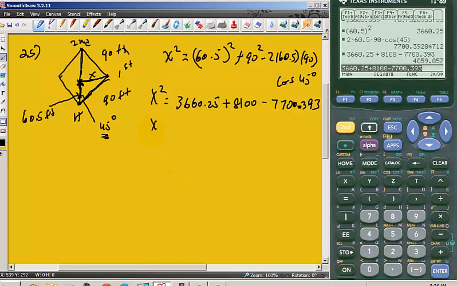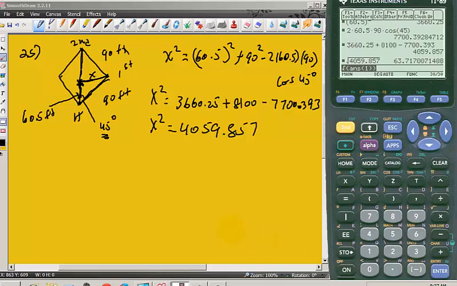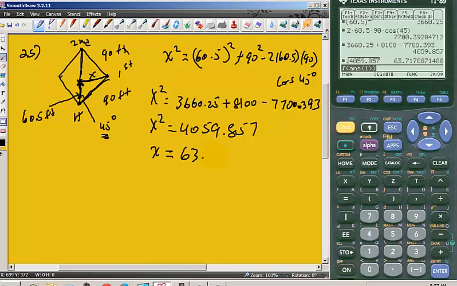So my x squared turns out to be 4059.857. I'm going to take square root of that. Okay, so second square root of my answer. Okay, hit enter. So my x turns out to be 63.717 feet.